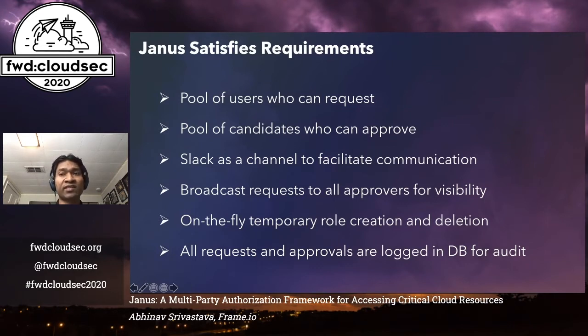A dedicated Slack channel is created to broadcast such requests and responses to make the process highly visible. Janus uses a novel on-the-fly temporary roles mechanism to allow and deny access. And finally, it uses a database to store all communications between parties for audit and compliance.